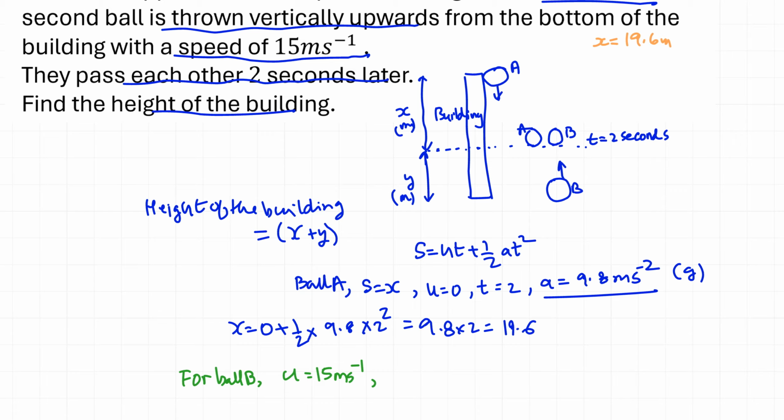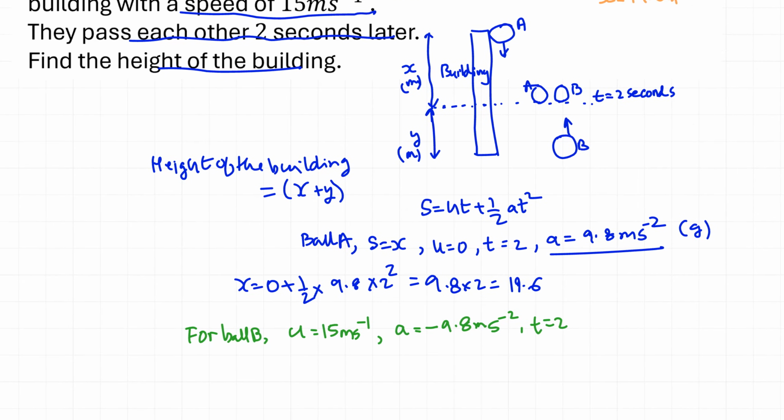And then a is equal to minus 9.8 meters per second squared because it's going upwards against gravity. And of course t is 2 as usual, and s is y here.